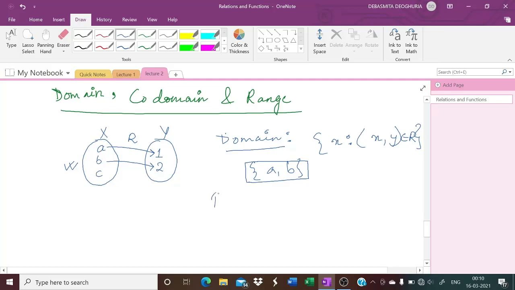Now let's talk about range. In general we define range as the set of all elements y such that (x, y) belongs to R. In this particular example, the range would be 1, 2.